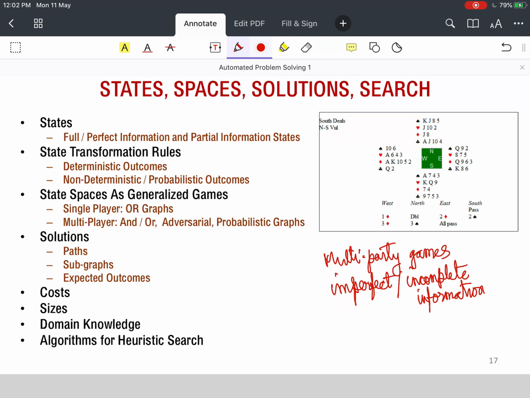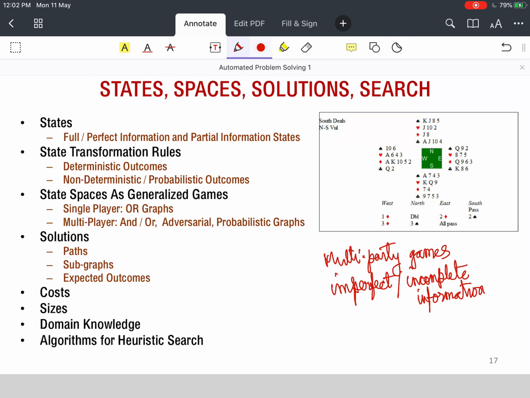So state spaces can be very complex. State spaces can be full information, partial information, incomplete information. The outcome may be deterministic, non-deterministic, or probabilistic. There can be a single player, there can be multiple players. Your multiple players could be your collaborators or your adversaries.